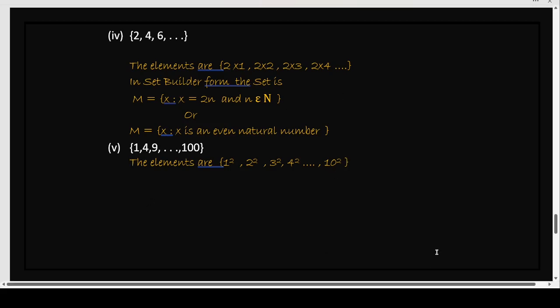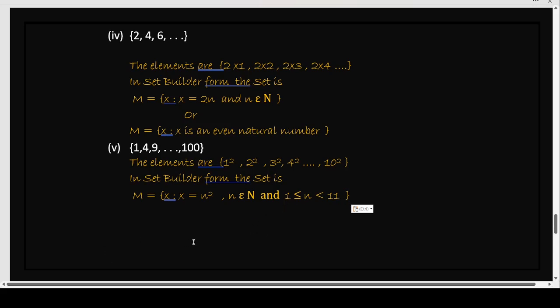In set builder form, the set is M equals {x such that x = n square, n belongs to natural numbers N, and 1 ≤ n < 11}. That means n lies between 1 and 11, 11 not included, 1 is included.